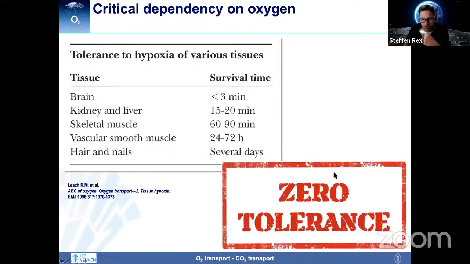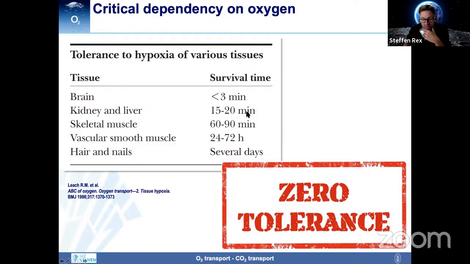And then the third aspect that makes oxygen so important and so critical is that the vital tissues, like the brain and also the heart, do not have a large tolerance for hypoxia. You see that for the brain it only takes 3 minutes of apnea, of hypoxia, before the first brain cells start to die.